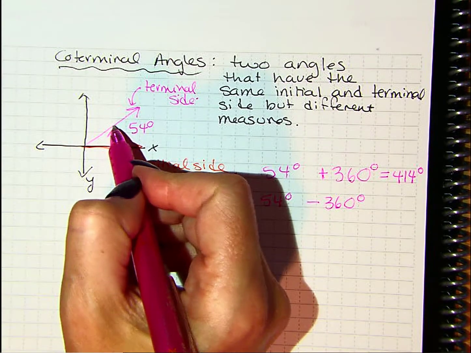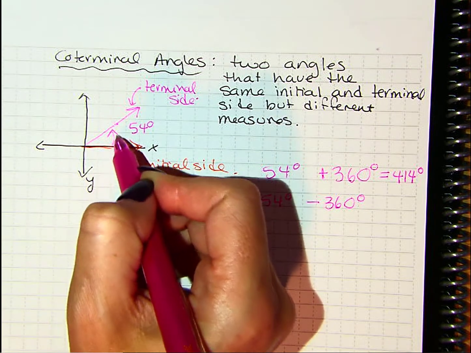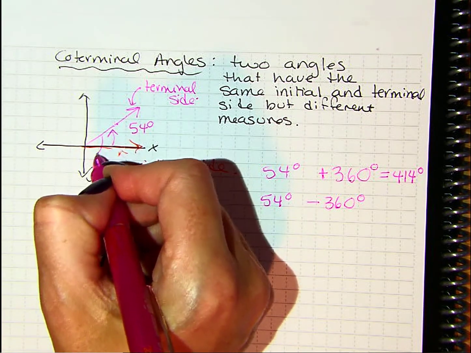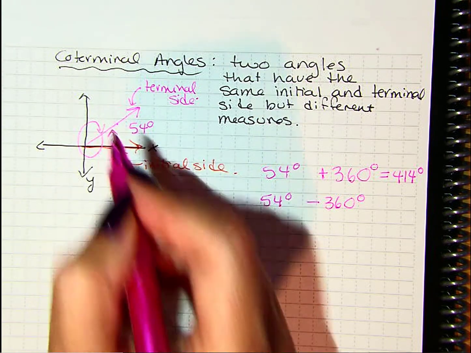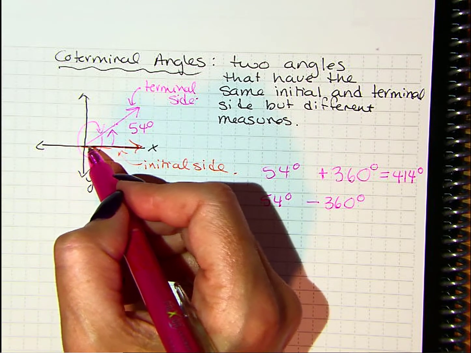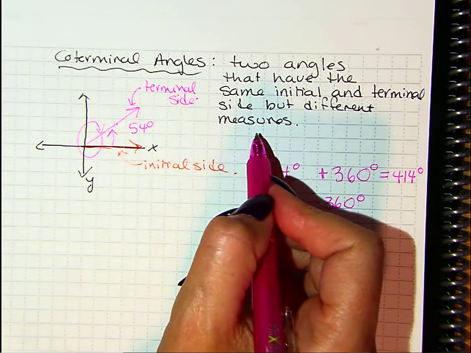So what that means is that I have my original terminal side, and instead of rotating counterclockwise and adding 360, I actually subtract 360, which is a full rotation, so my terminal side appears to be in the exact same spot, but yet it'll have a different measure.